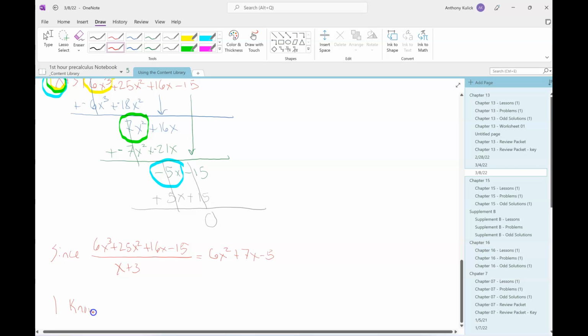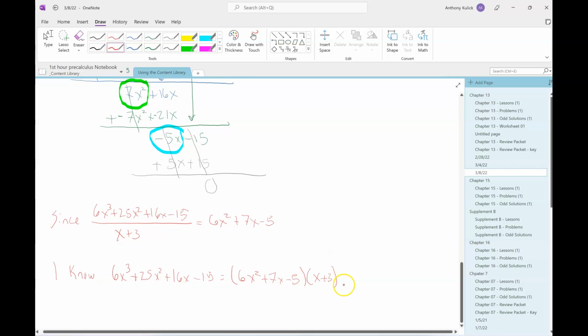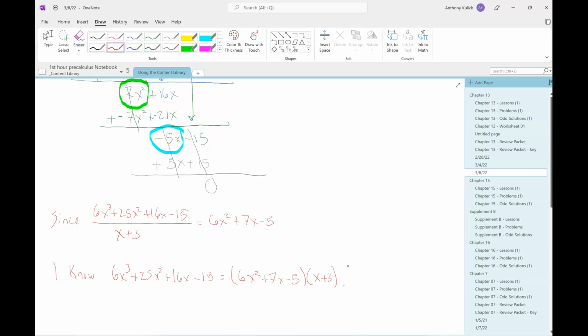I know that 6x cubed plus 25x squared plus 16x minus 15 is equal to 6x squared plus 7x minus 5 times x plus 3, i.e., we were able to factor that.